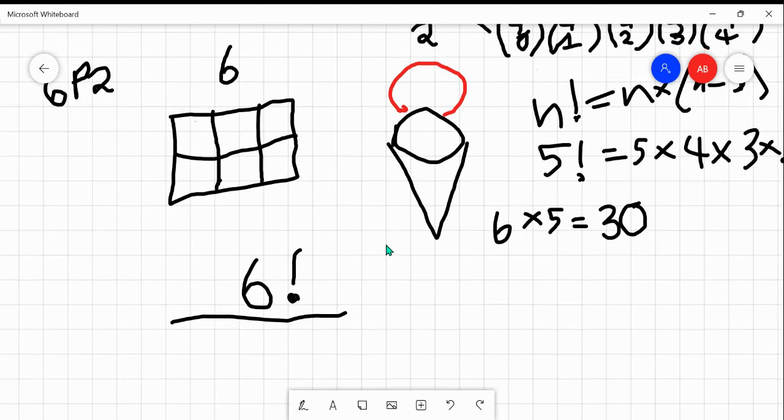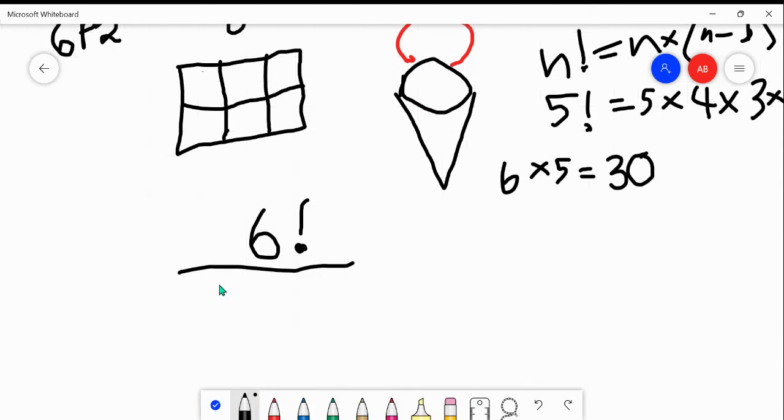That's where, because 4 is 6 minus 2. Yes, 6 minus 2 factorial. Okay, all's well and all is nice. So this is the answer. You will still get 30 because 4 factorial will cancel out the 4 into 3 into 2 into 1. You'll be just left with 6 into 5.